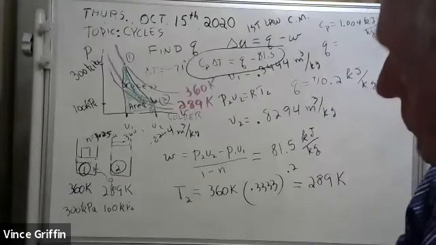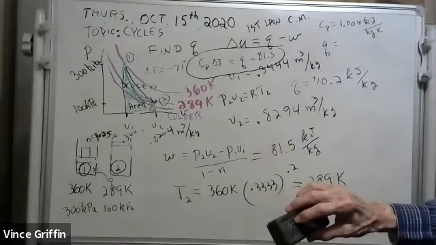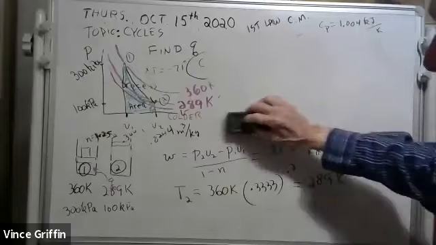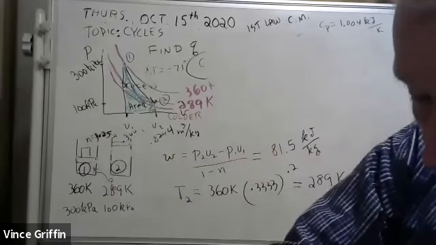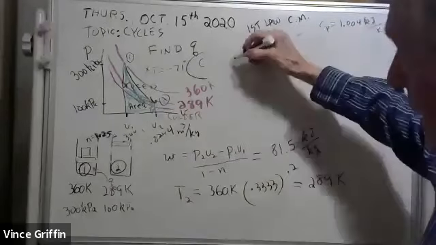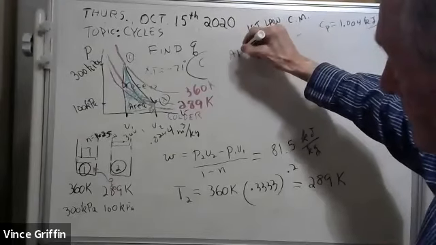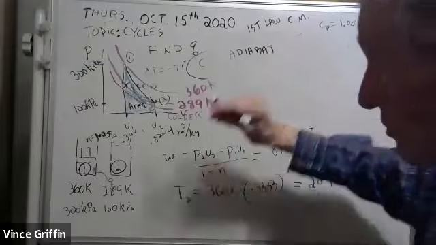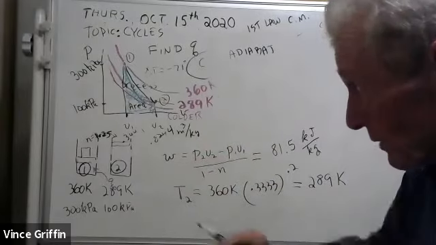It was 1.25. Okay. Let me show you one other thing. As long as Bryce brought that up, I need some room here. And I'll explain this more later. But if you had an adiabat, which we don't have an adiabat.